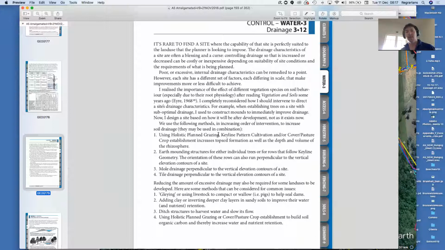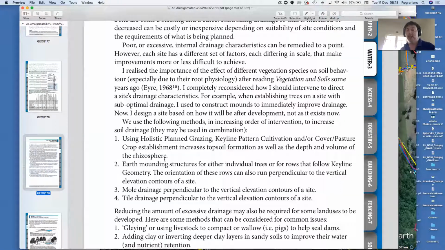So some of the things that we suggest, therefore, to intervene with soil drainage is using holistic plant grazing, keyline pattern cultivation, and cover crop establishment, all of which, particularly holistic plant grazing and cover crop or pasture crop integration, are both economic uses, so they're not uses where you're not actually getting something back for it.